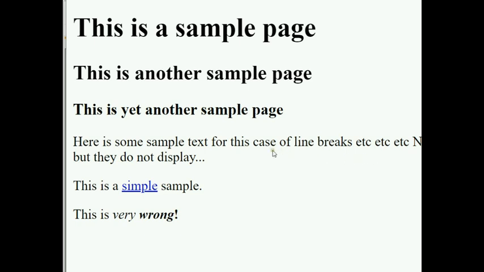The reason is that while one space will be rendered, multiple spaces or multiple white characters, such as, again, tabs or line breaks, will not render. The browser is immune to them somehow.